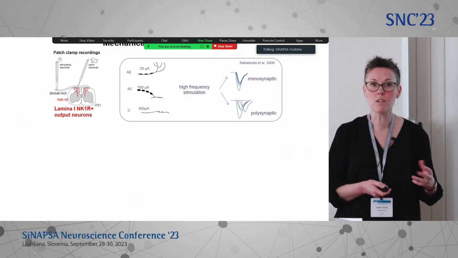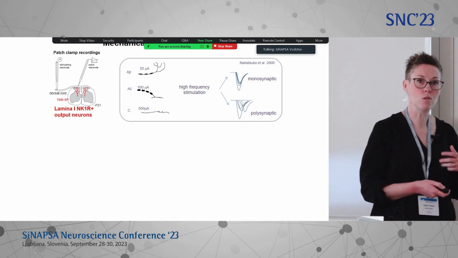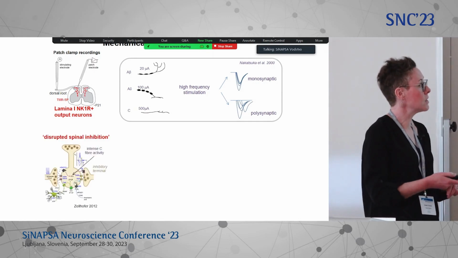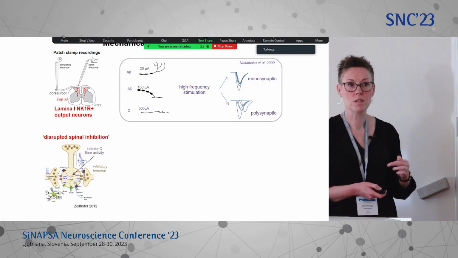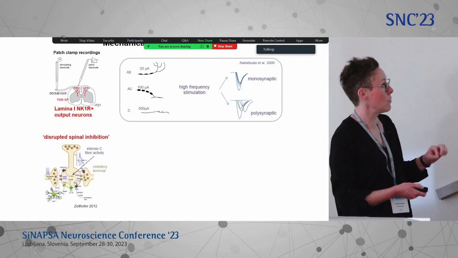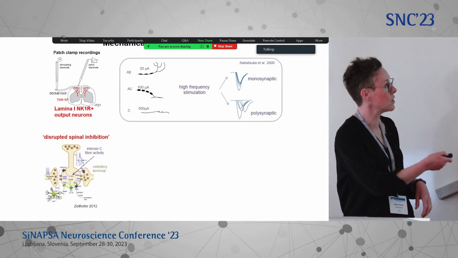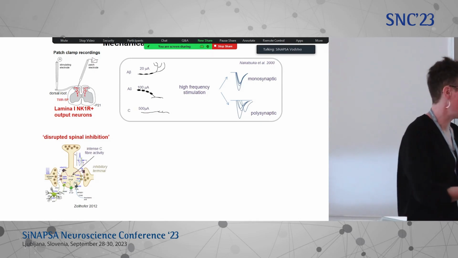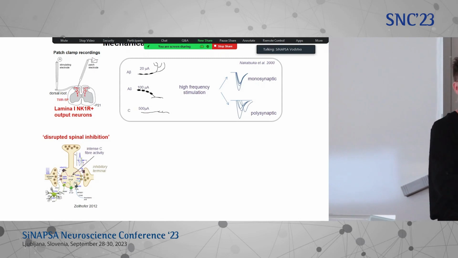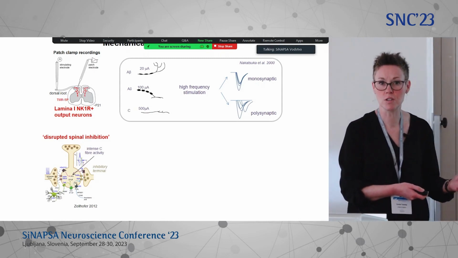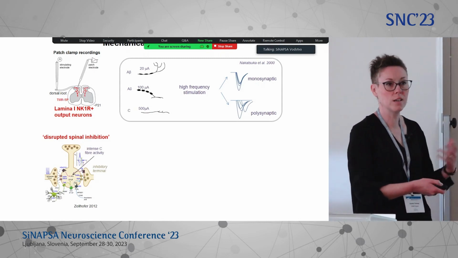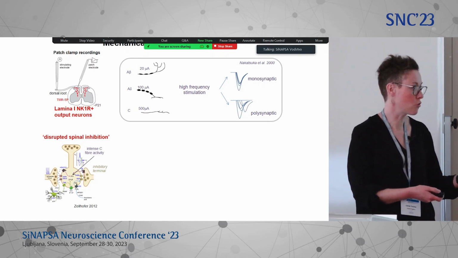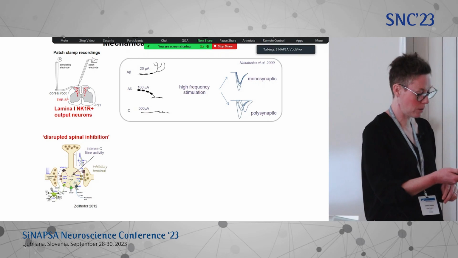So using similar approaches, I've also looked at allodynia circuitry. And one of the key features of central sensitization is a disruption of spinal inhibition. In neuropathic pain, this can involve microglia and alterations to anion gradients, and in inflammatory pain, prostaglandin-mediated disrupted inhibition.